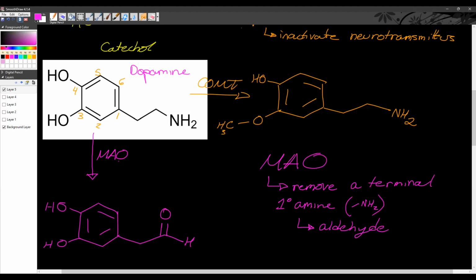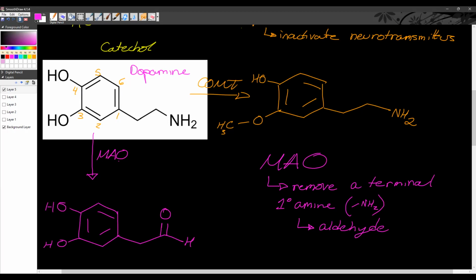Question. Yes. So I think this is actually what I meant earlier and I messed it up. When you went over oxidative deamination, the one on the bottom, was that supposed to undergo MAO instead because it was terminal?